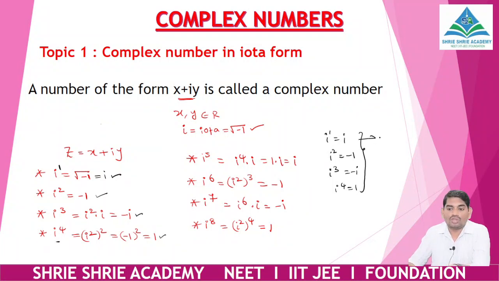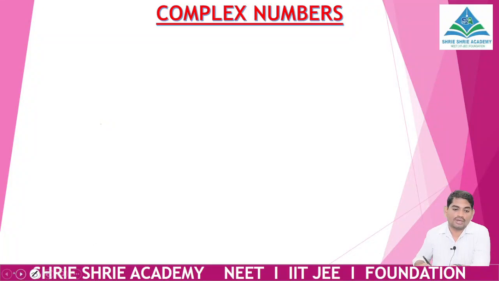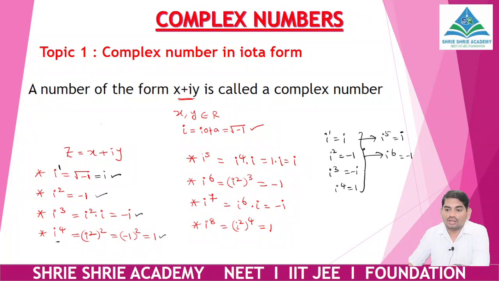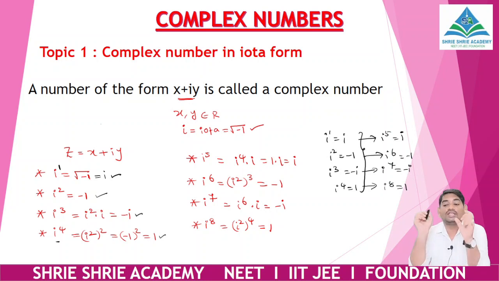Similarly, i power 5 is also equal to iota, then i power 6 is equal to minus 1, then i power 7 is equal to minus iota, then i power 8 is equal to 1.